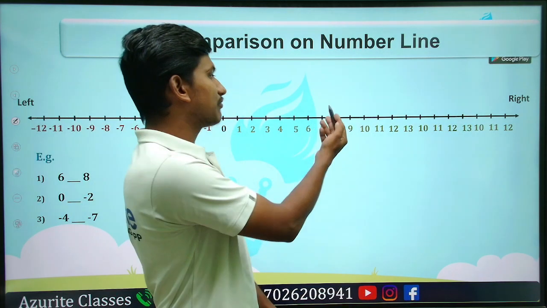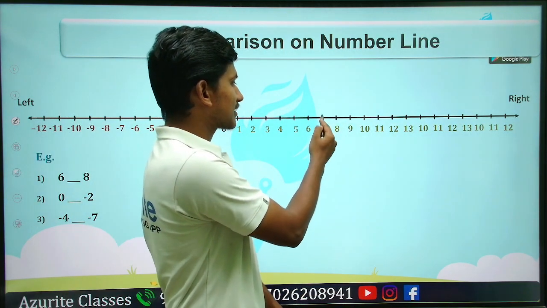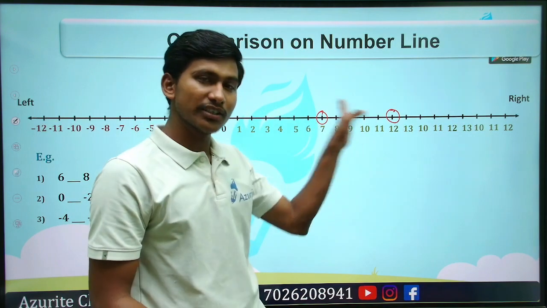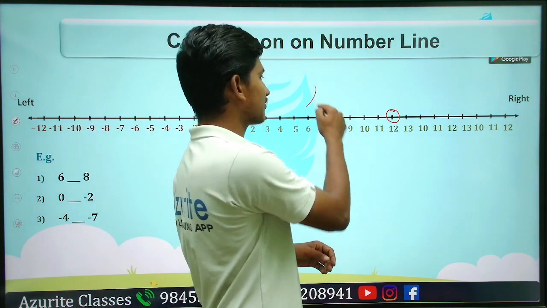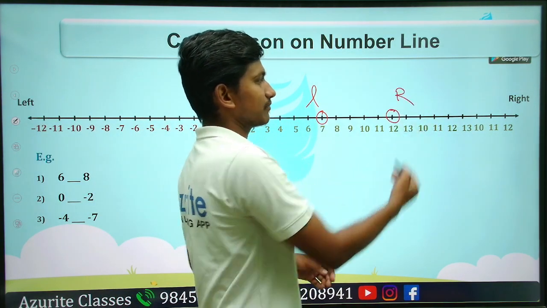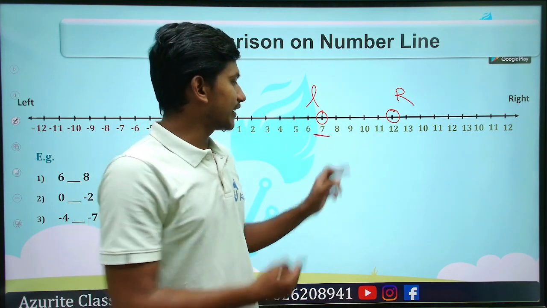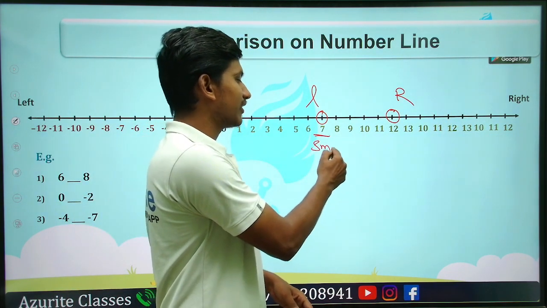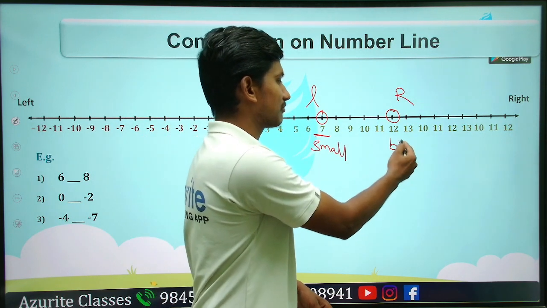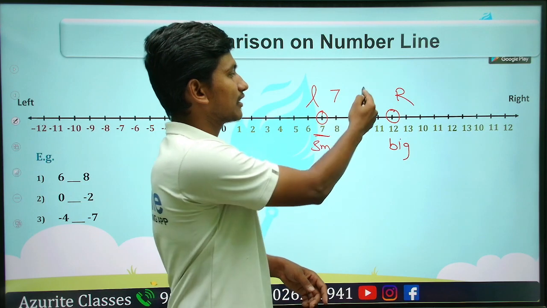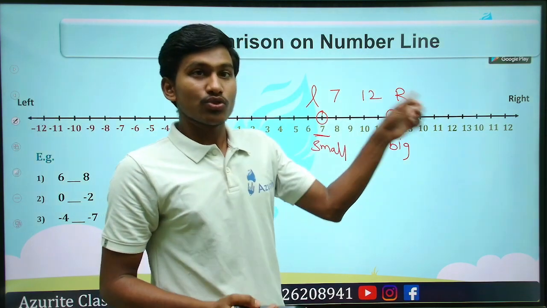Here we know this is 7 and this is 12. So 7 is on the left side and 12 is on the right side, isn't it? The number on the left side will be smaller, 7 is small and 12 is big, right? Which is bigger?